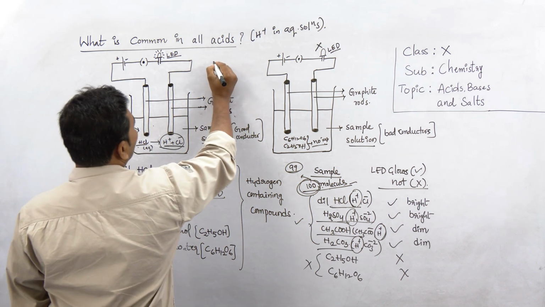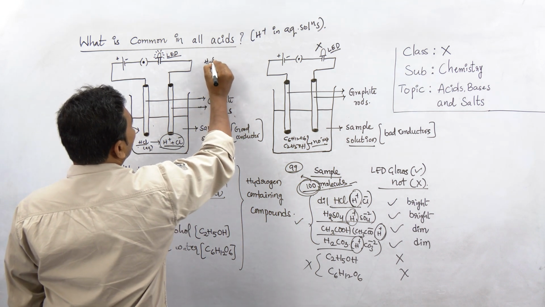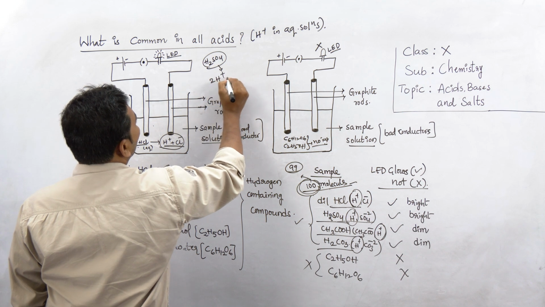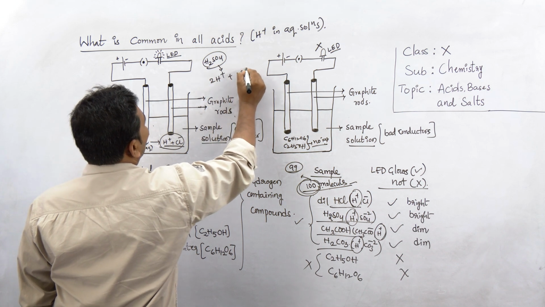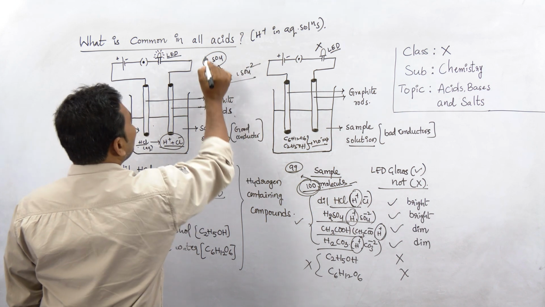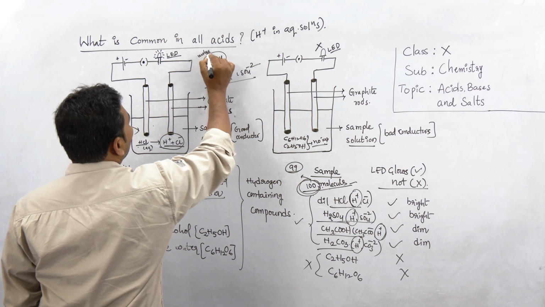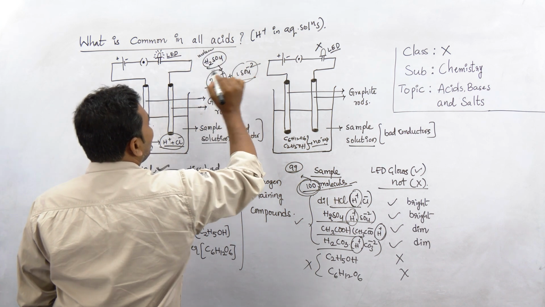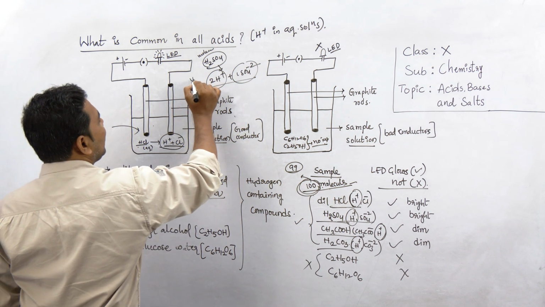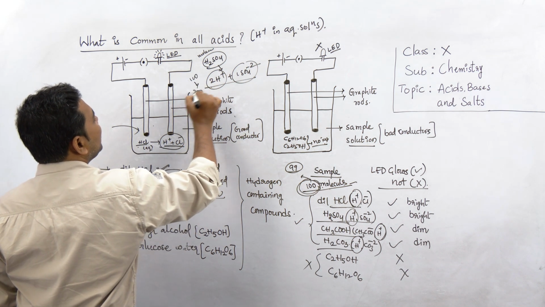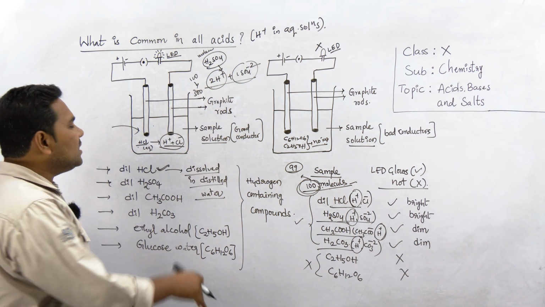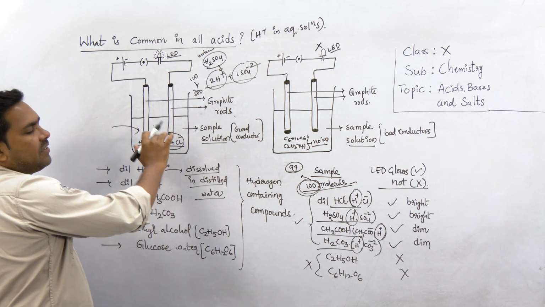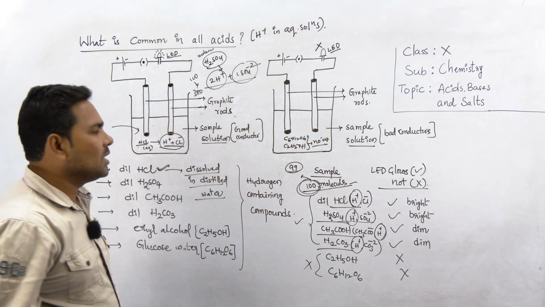If I take one H2SO4 molecule, it splits to produce 2 H+ ions and 1 sulfate ion. So each molecule produces a total of 3 ions. If I take 100 molecules, they produce 300 ions, right? So all these ions are responsible for conductivity and the LED glows brighter.